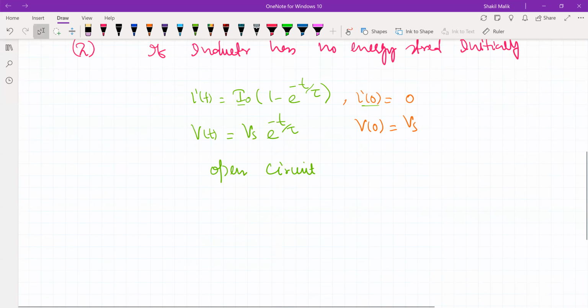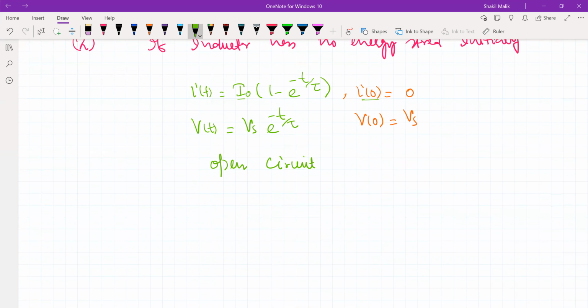Same way, the steady state value of the current is I naught, which is not changing with time now, and V of t in steady state is zero, because this term will be zero in steady state. So from this observation, you can see that in steady state, the inductor behaves like a short circuit.